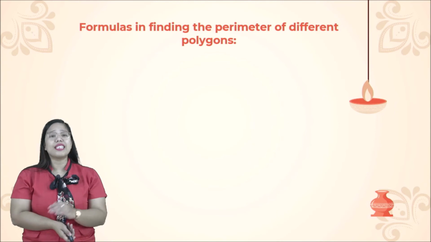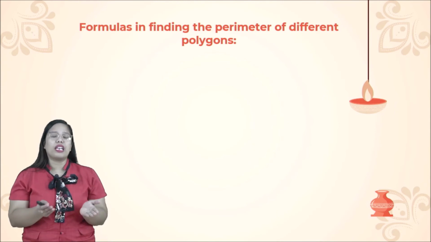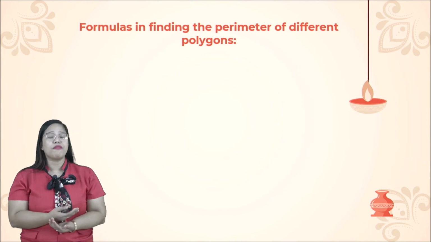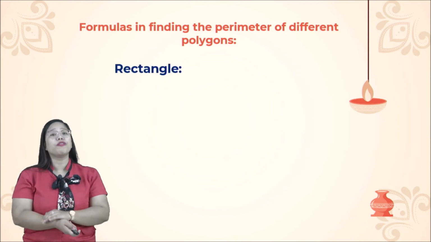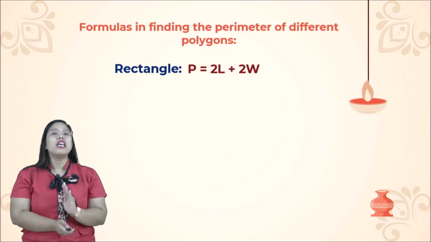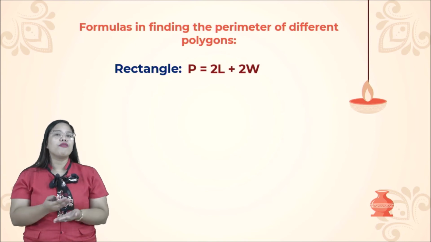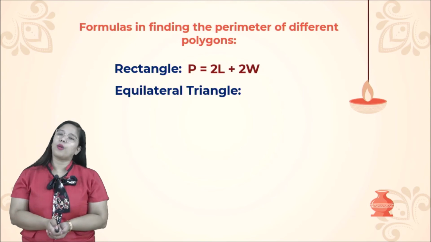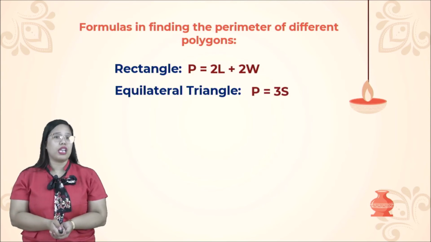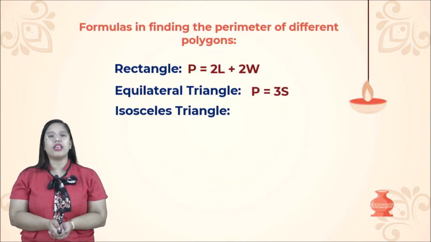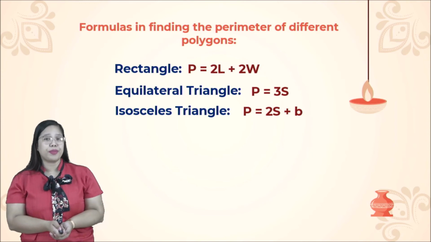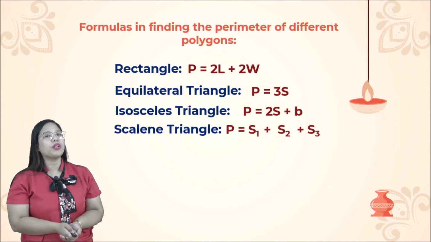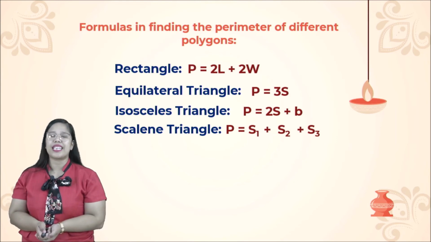So let's now sum up our lesson, all the formulas of the different polygons in finding the perimeter. The first one, we have the rectangle. For the rectangle, we have a formula of 2L plus 2 width. For the equilateral triangle, we have 3S. Isosceles triangle, we have 2S plus B. For the scalene triangle, we have perimeter equals S1 plus S2 plus S3.